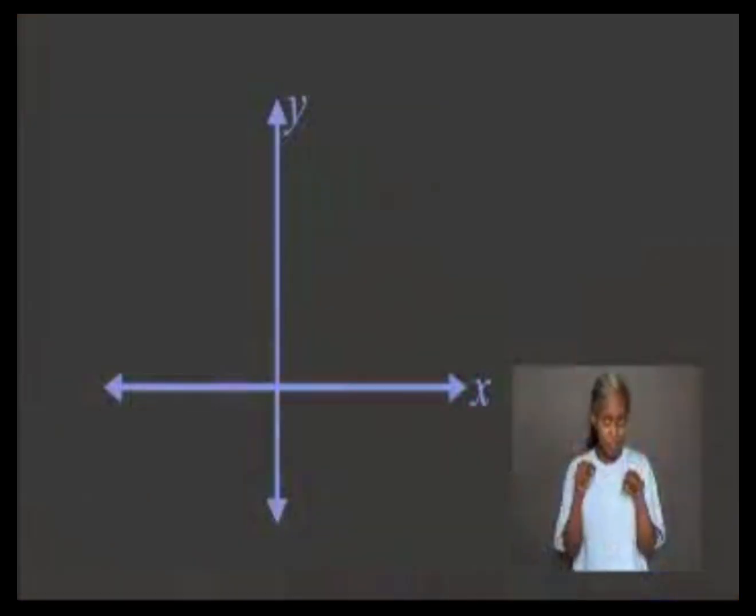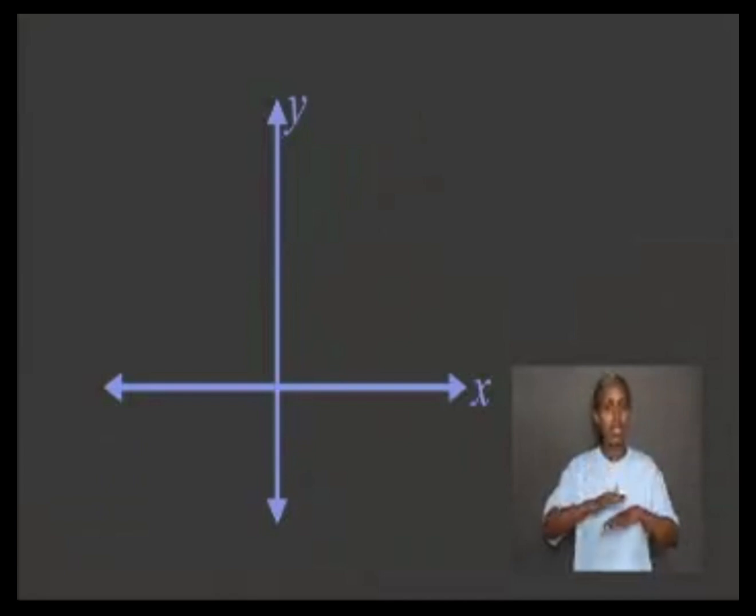Let's get back to our lesson. Welcome back, students. This was not too difficult, was it? The graphs of the inequalities x ≥ 0 and y ≥ 0 are easy to draw.